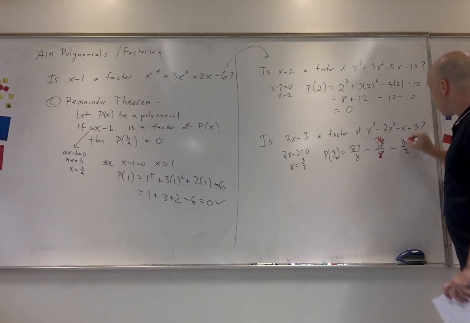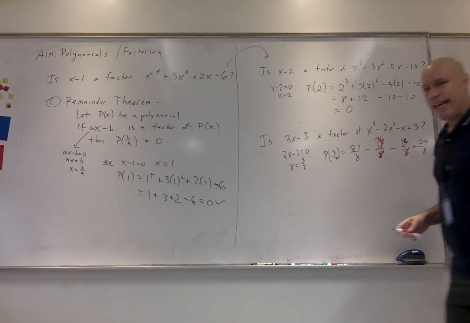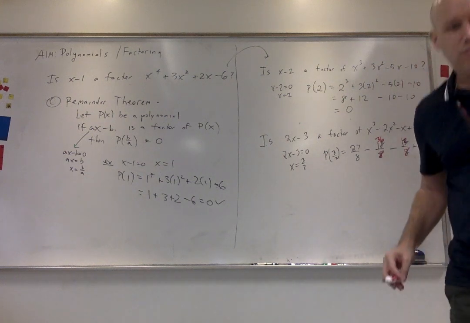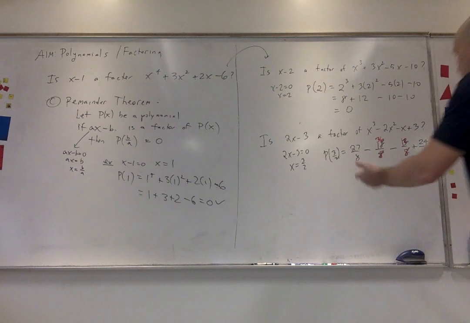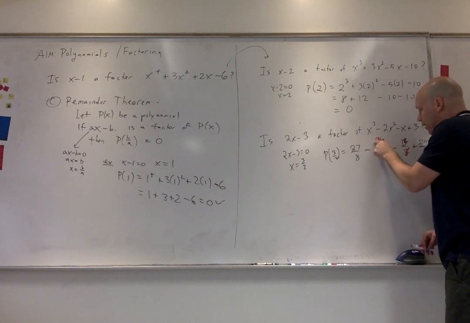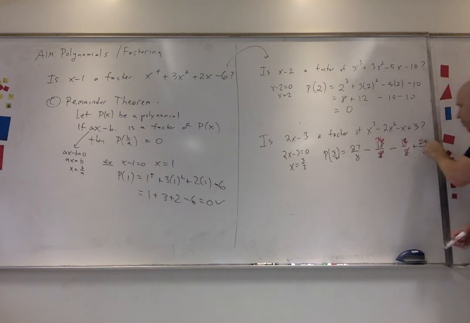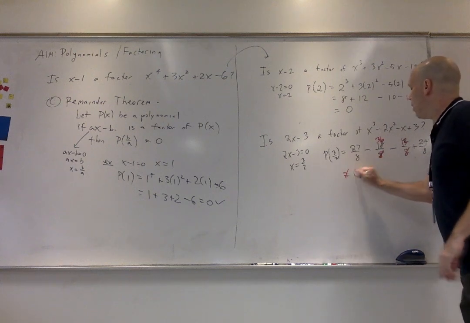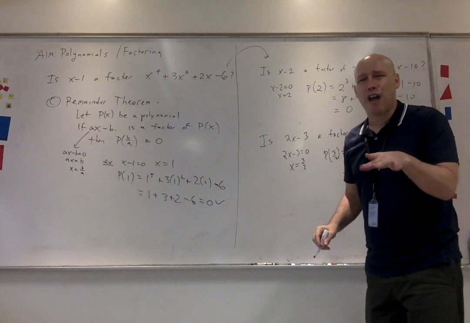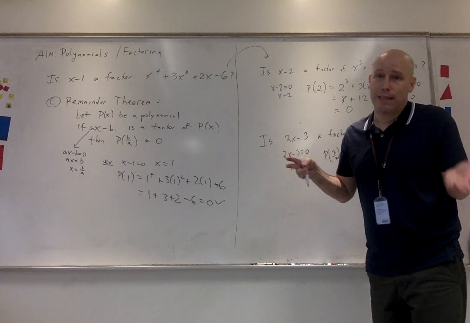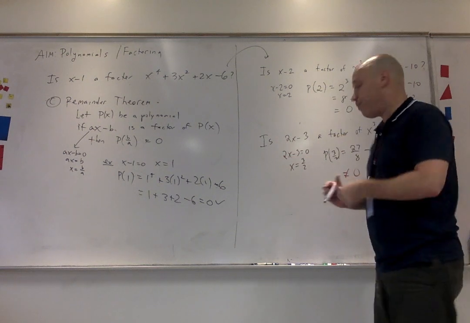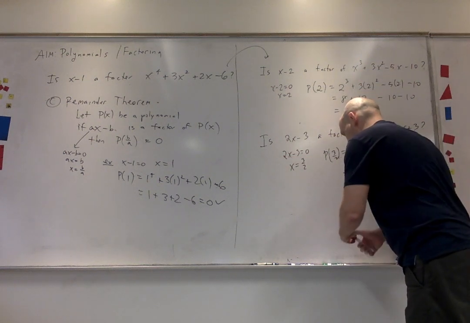What's going on over 12 over 8? Is this 0? No, because I can just see it. 27 plus 36 plus 12 minus plus 24. This is not 0. I'm not sure what it is. I don't have the time and I don't care. The question was, is it a factor? The answer is no. Okay.